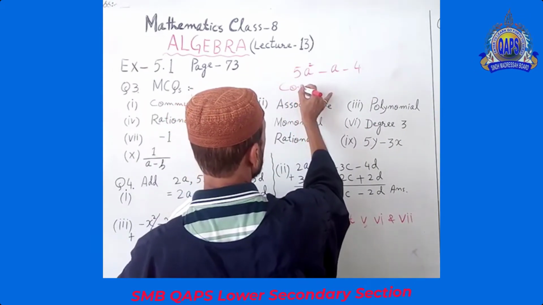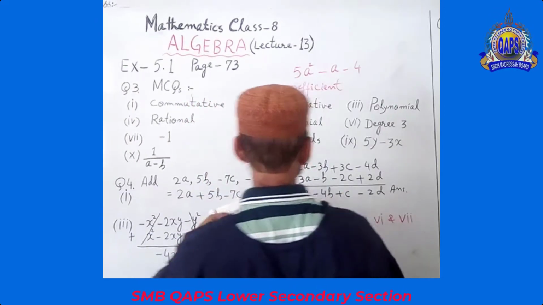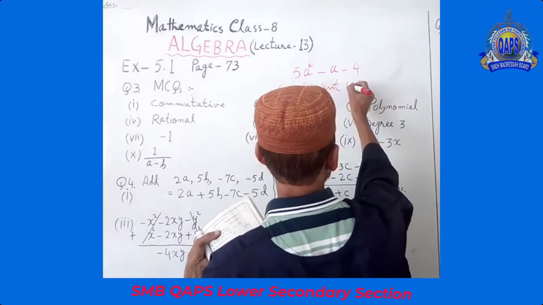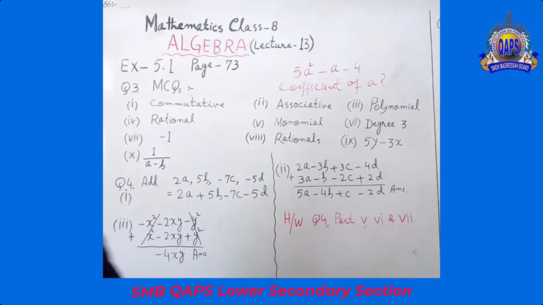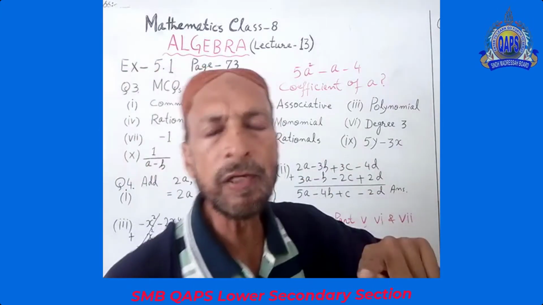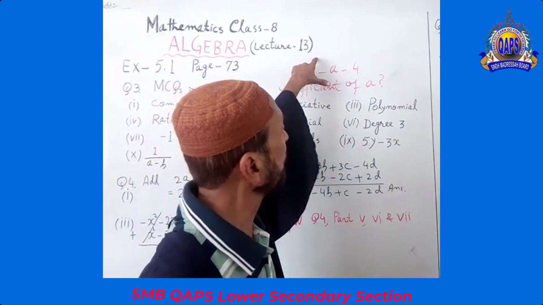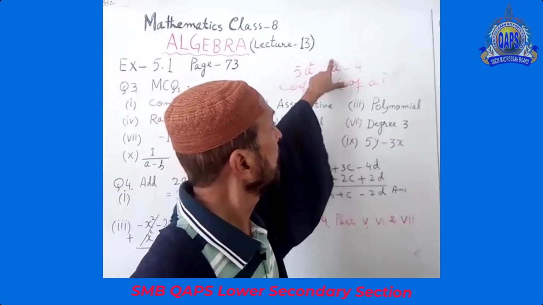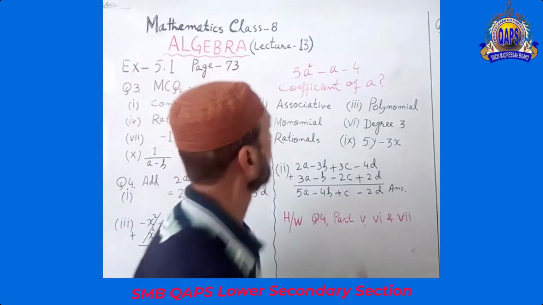Coefficient of a. We are talking about a. We are not talking about a square. Coefficient of a. You see, nothing has been written over here. That's why it is 1.